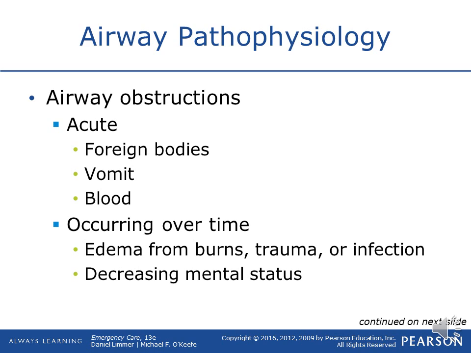Now, some things that occur over time, maybe a little bit closer to a not acute stage, would be such as edema from burns. A patient who gets burnt in the face, around the neck, ends up causing major swelling, some fluid shifting, and can end up completely compromising the airway. To the trauma patient, as we talked about, getting blood, teeth, stuff like that in the airway that could compromise it.